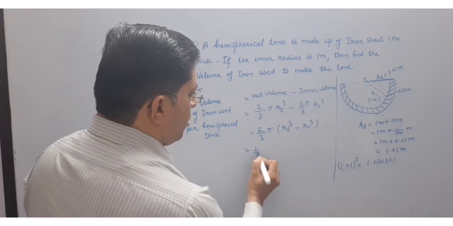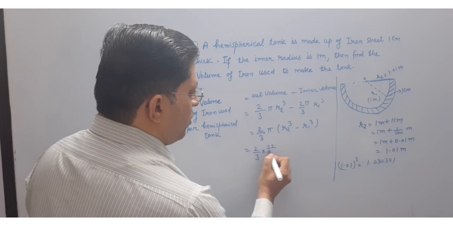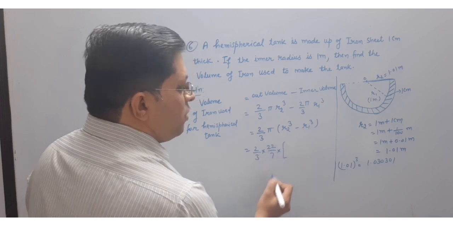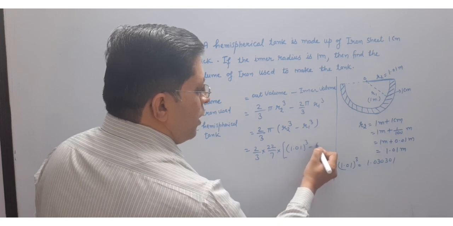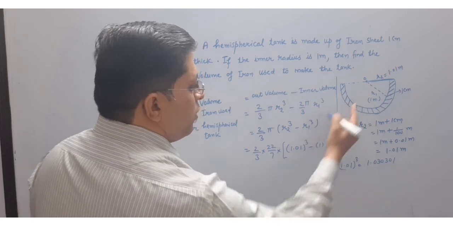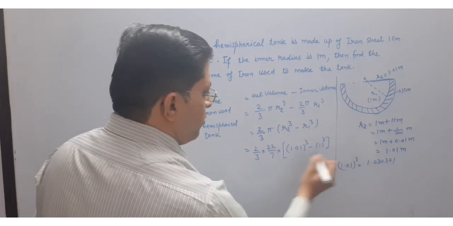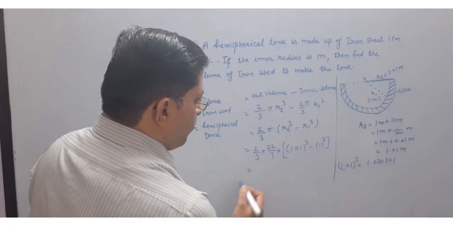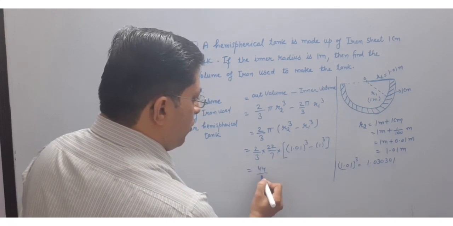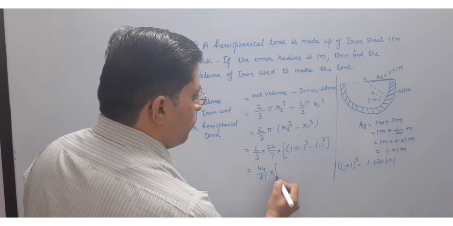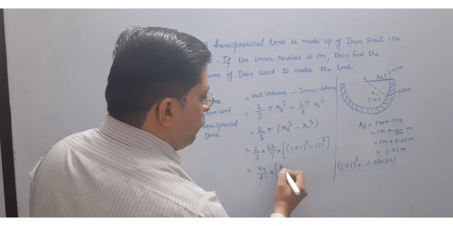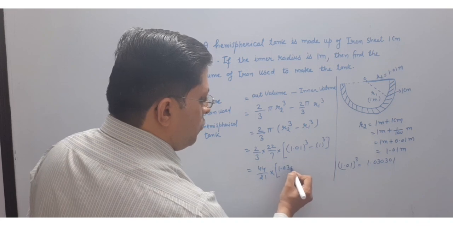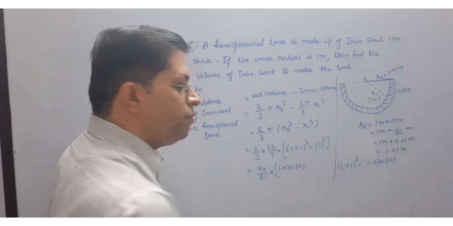So 2 upon 3 pi value is what? 22 upon 7. What is r2? R2 is here 1.01 cube minus R1 is 1 cube. So this is your 44 upon 21 into, if you multiply 1.01 cube, this will be 1.030301.